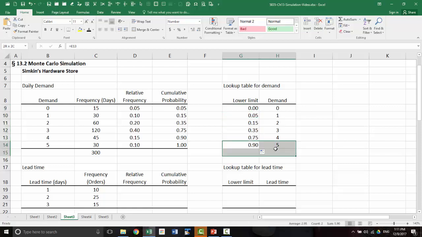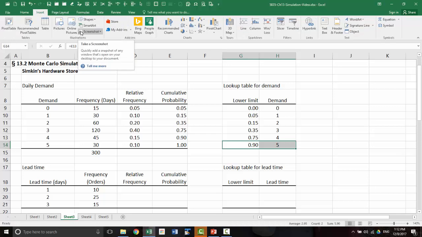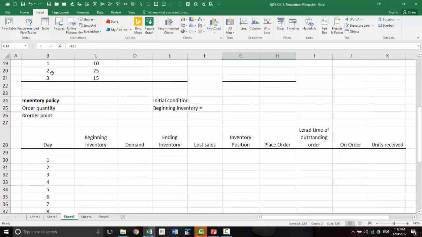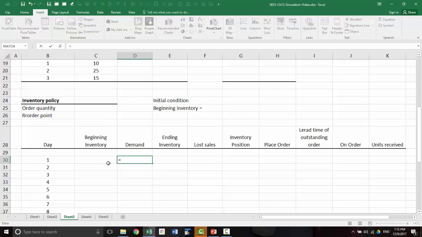Okay, so now we have the VLOOKUP table, and we can set up the demand based on that. So we have the model here. If you want demand, the first row is blank because of initial conditions. We will get to that, but now we are ready to set up the demand.